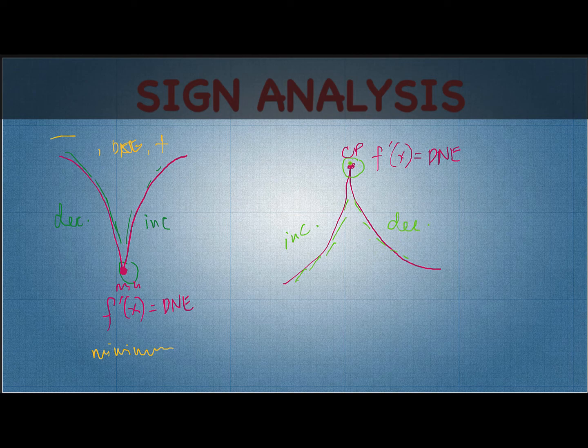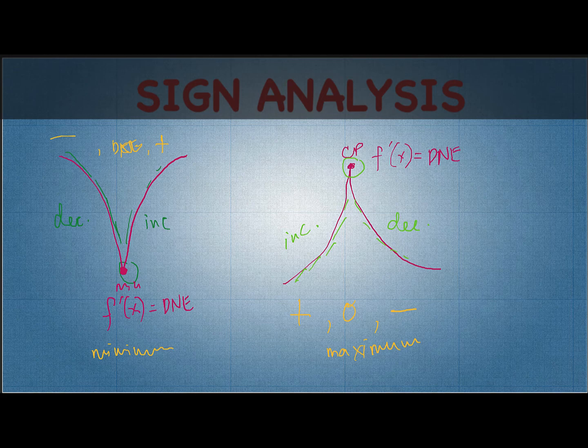So in other words, our sign analysis in this case will be positive, 0, and then negative. So if you have a positive sign of the derivative changing to 0 and then negative, we have a maximum. By the graph alone of the function, we can analyze its signs, and it will give us an idea whether our function has a minimum, a maximum, or neither.